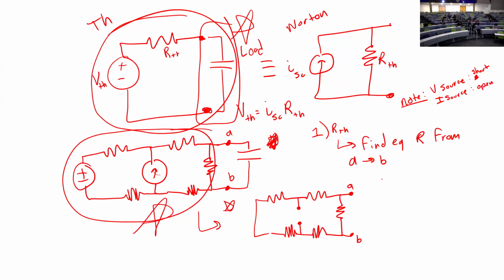The next step, we can pick between two. We can find V Thevenin or we can find I short circuit. Here, to find V Thevenin, it is an open between A and B. And then you find the voltage between A and B, which is equal to V Thevenin, okay?